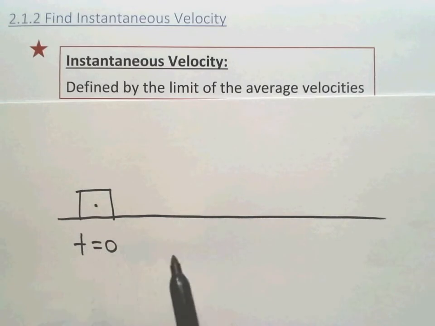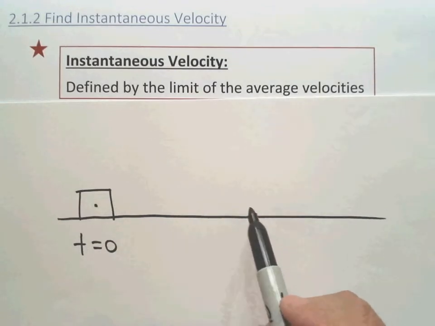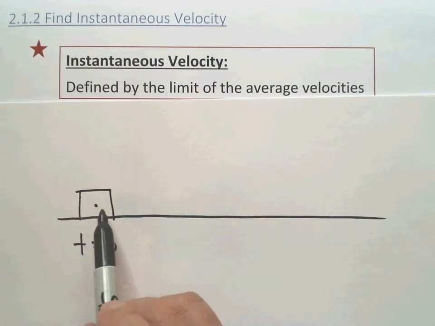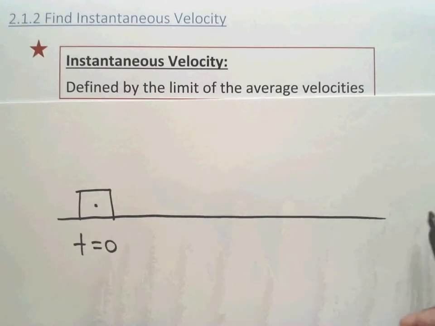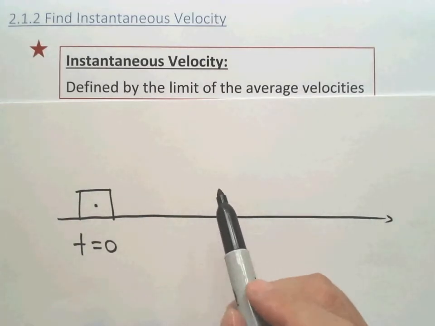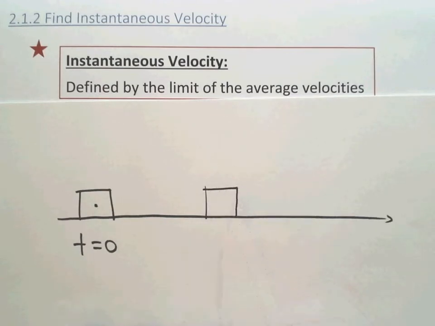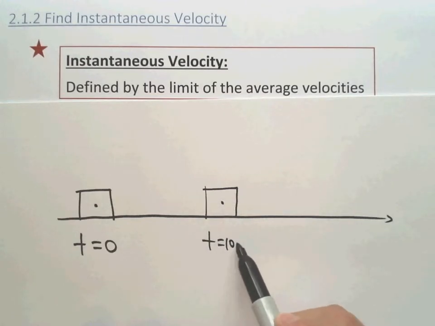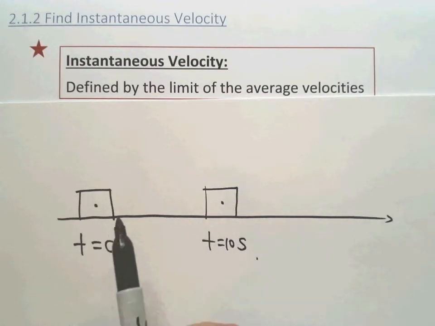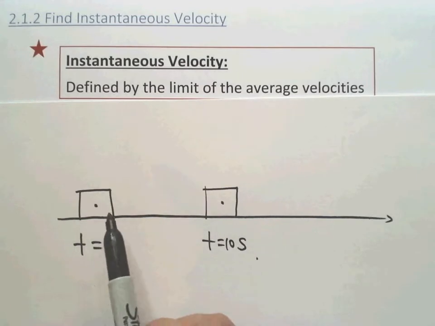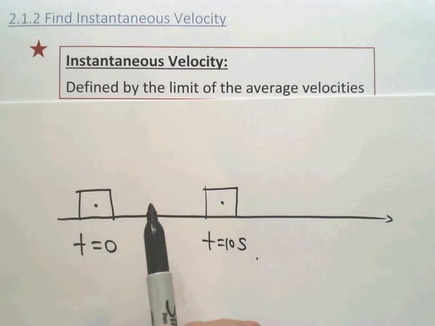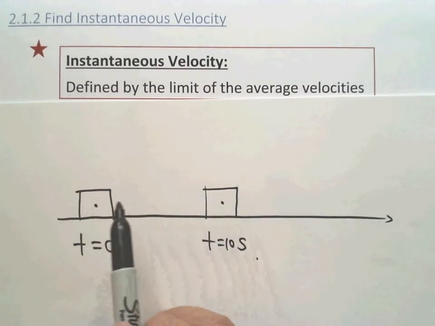The particle moves on a straight line, forward in this direction. Suppose at t equals 10 seconds, the particle moves here. Our object sometimes moves faster, sometimes slower. It does not keep the same speed or velocity.